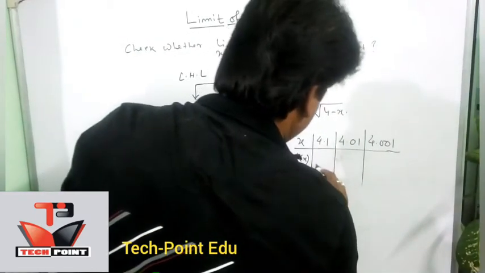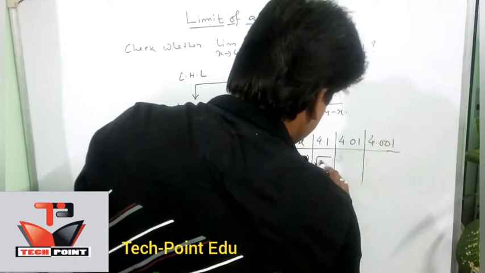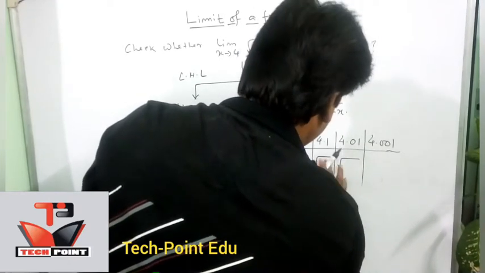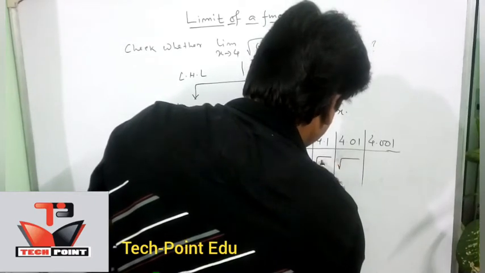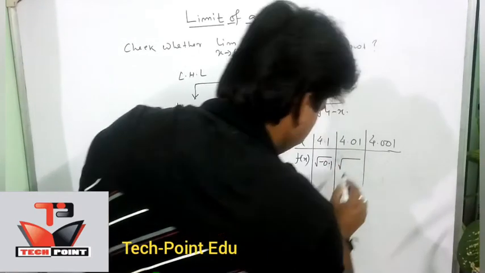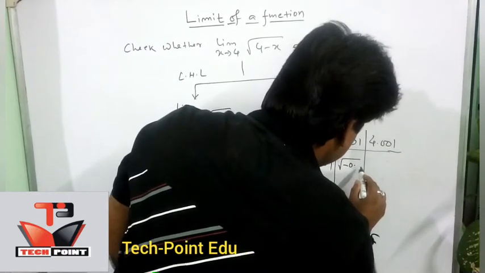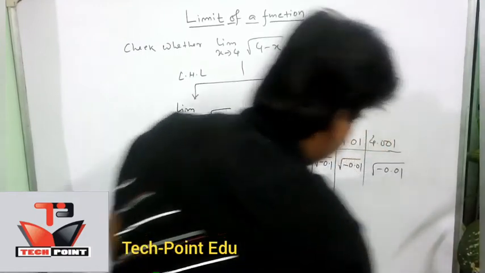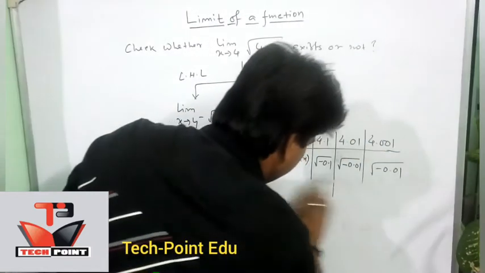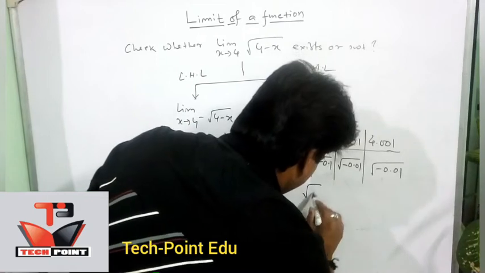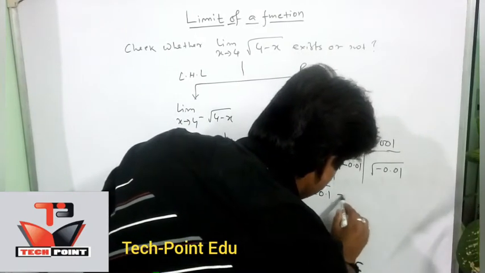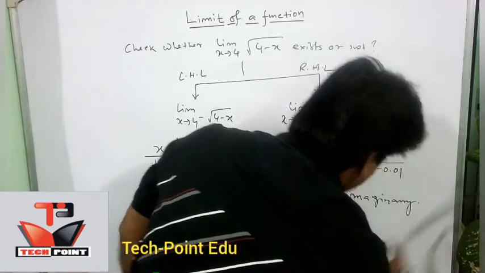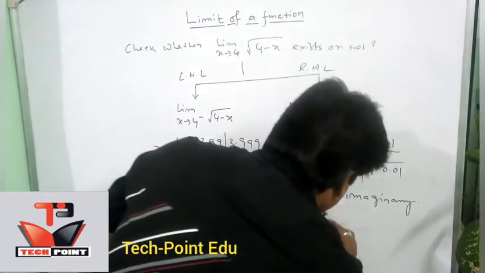And this will be root under minus 0.1, root under minus 0.01. These are all imaginary values. Root under minus 0.1 is imaginary. That's why the value does not exist.